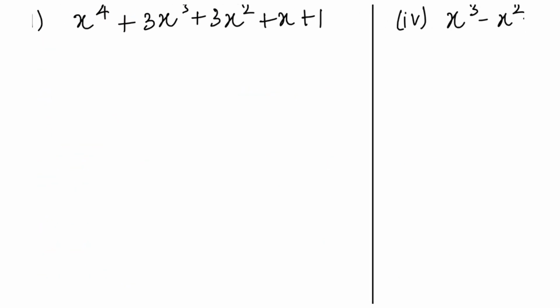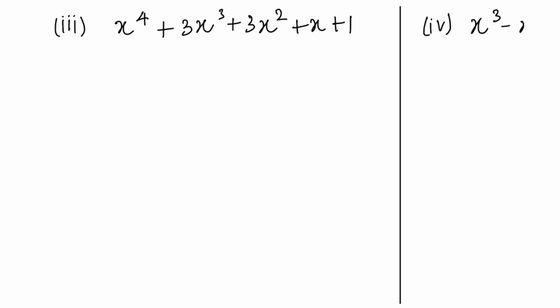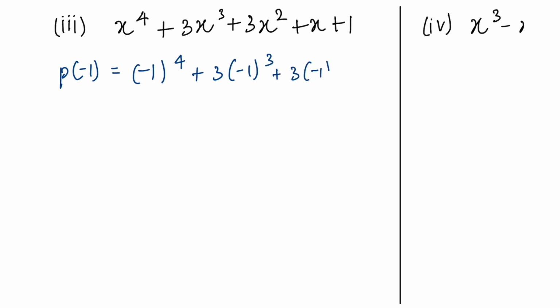Now we are moving to the third subdivision here, which is x power 4 plus 3x cube plus 3x squared plus x plus 1. Quite a lot of terms. The same process is going to get repeated. P of minus 1, that is what you are going to find out. So minus 1 power 4 plus 3 into minus 1 cube plus 3 into minus 1 squared plus minus 1 plus 1.